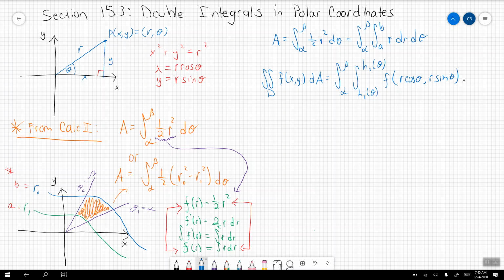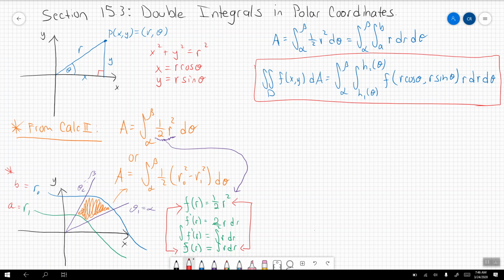Making these substitutions, we will be able to calculate our integral using polar coordinates. This is the most general formula that we want to use in this class. When we're looking at double integrals in polar coordinates, we're going to be trying to identify, first of all, what is the domain.